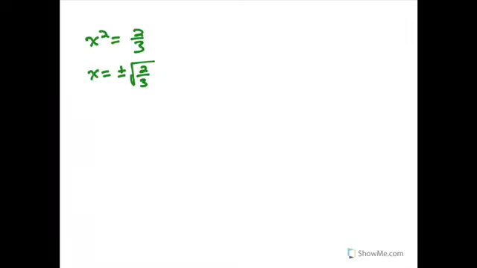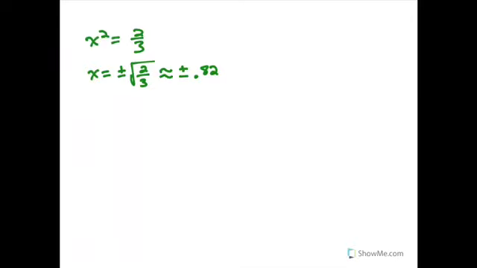But if I'm going to test to the left and the right of it, I kind of need to know what it is in decimal. So if I turn this into a decimal number, I'm going to get plus or minus approximately 0.82. Okay, that's rounded, because this is an irrational number. It goes on forever without repeating.